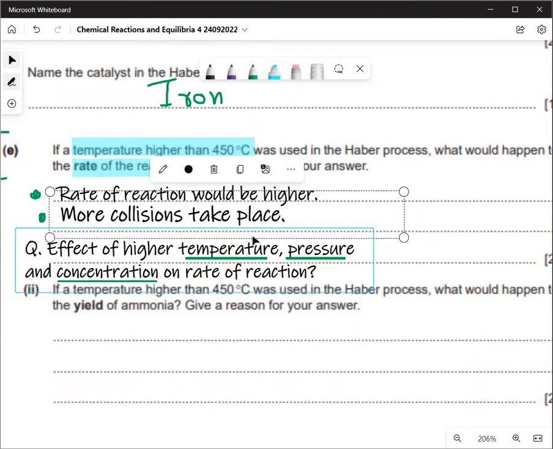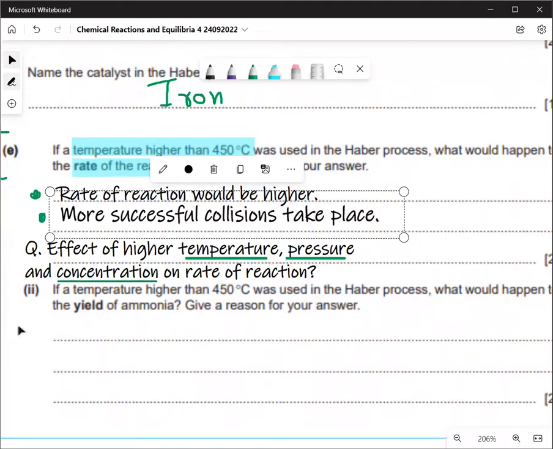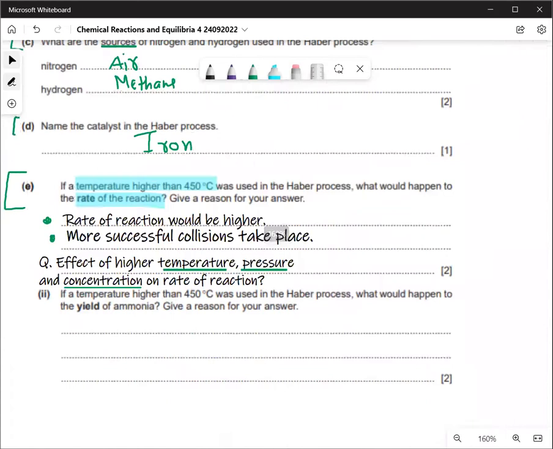Done writing? Yes. Now please add this word again: successful. That's better. Okay, add it there. Done. Right. Okay. Increase.